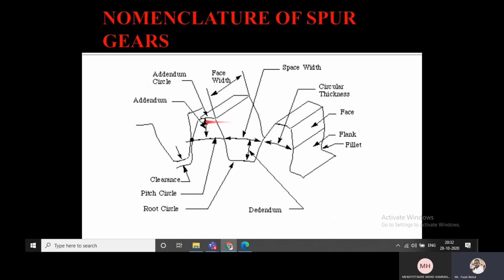If you draw one circle passing through the tip of the tooth, the distance between the pitch circle and this addendum circle is known as the addendum.